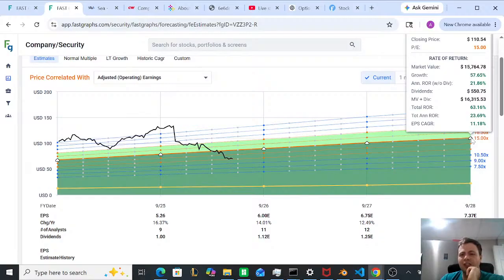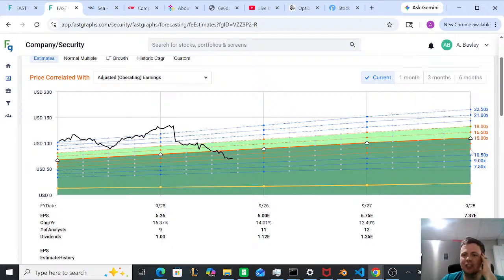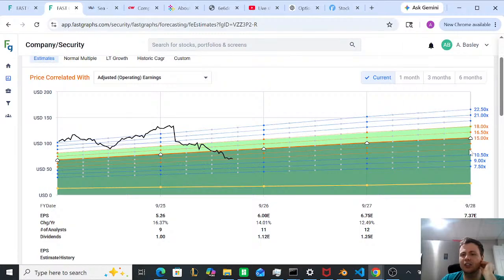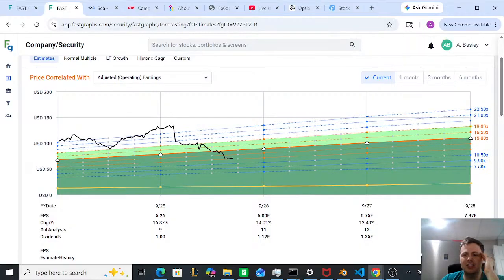If I invest right now, I think I could get around 23% if it gets back to fair value. If it just keeps trading at what it's currently trading at, I get about 13%, which is a little bit below my goal.